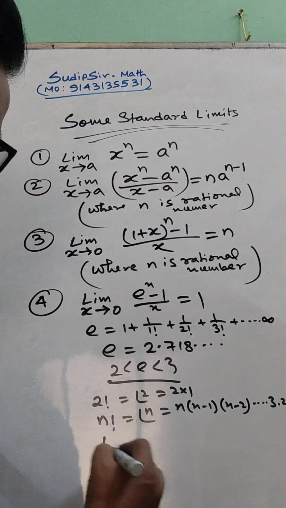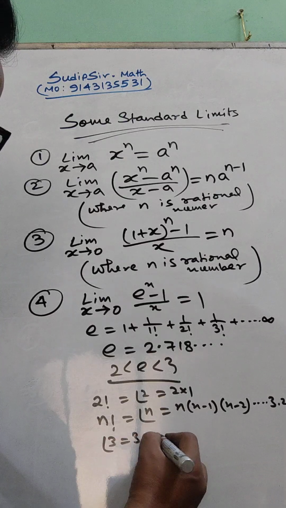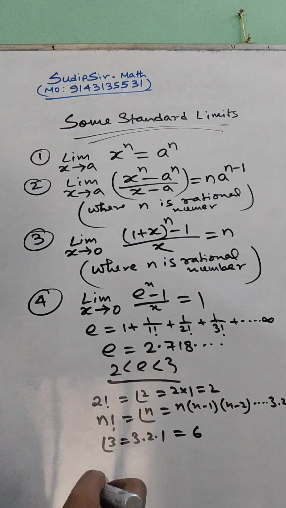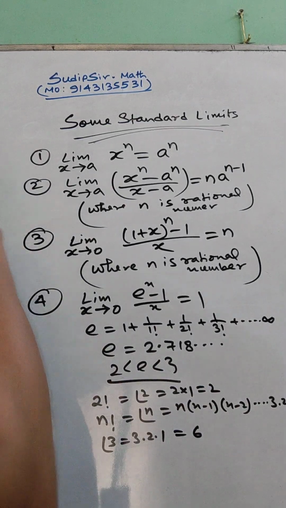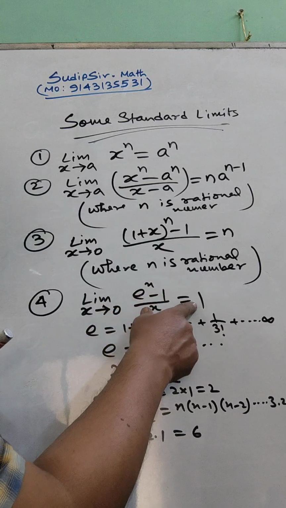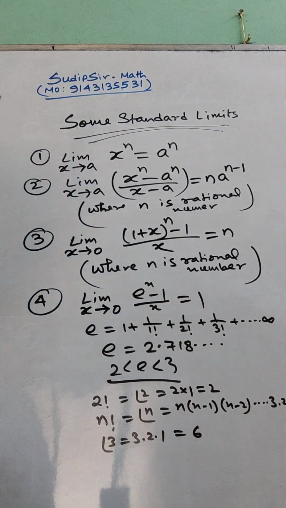So factorial 3 means 3 into 2 into 1, that is 6. I am just giving an idea. Now for (e to the power x minus 1) by x, the standard limit is 1.